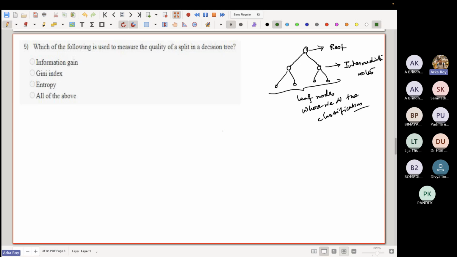Let's say in your data set, there is a very popular data set called the housing price data set.